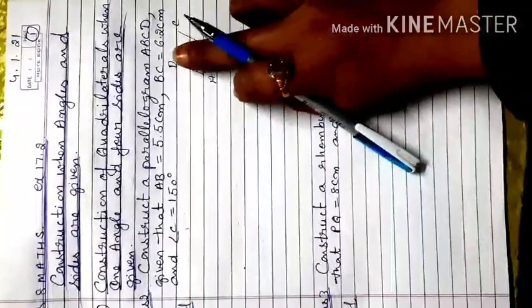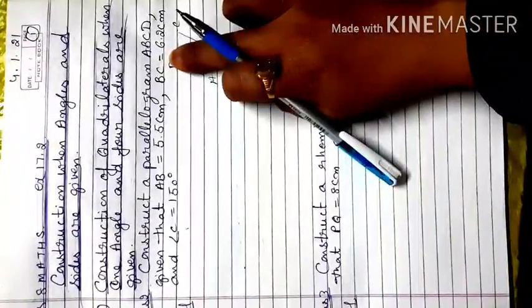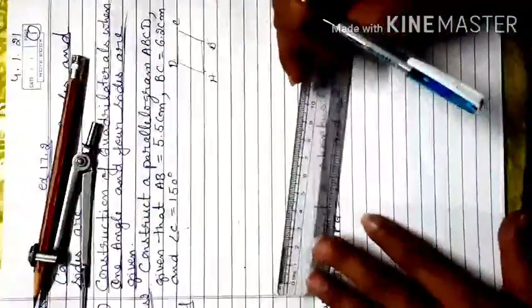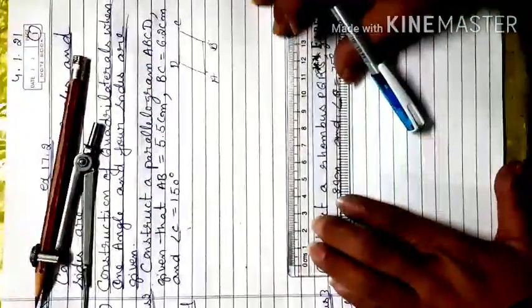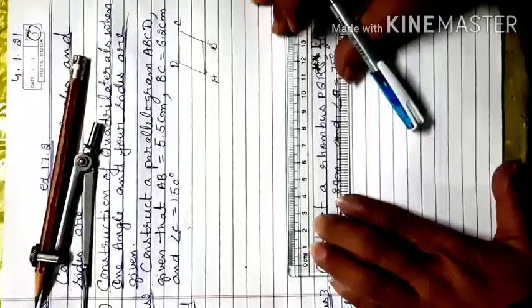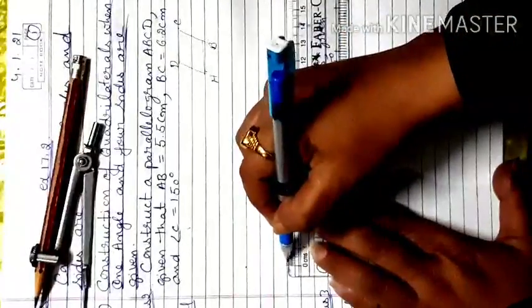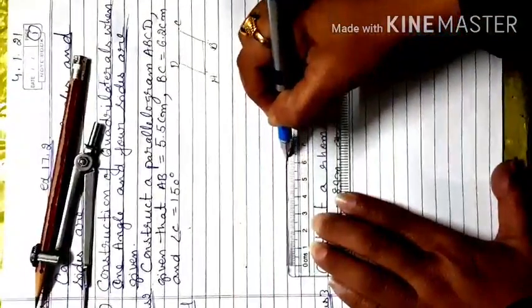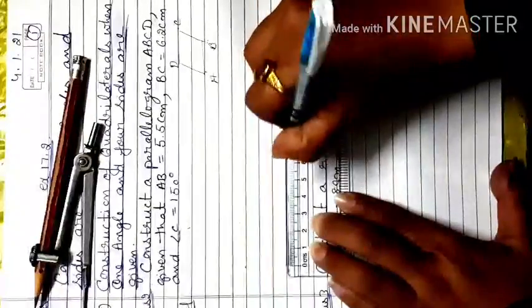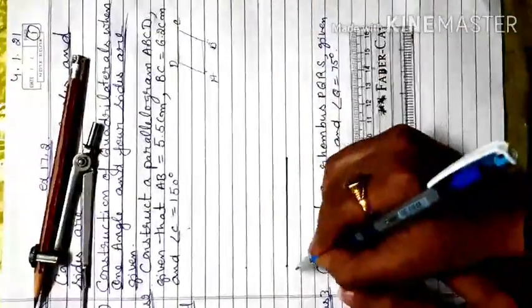So first I will draw BC equal to 6.2 centimeter. On the scale you must be very cautious about your measurement. So here 6.2, when you mark here, that is BC.